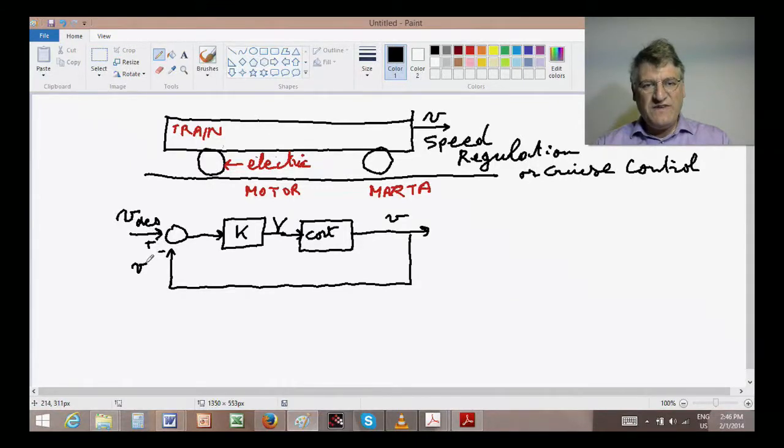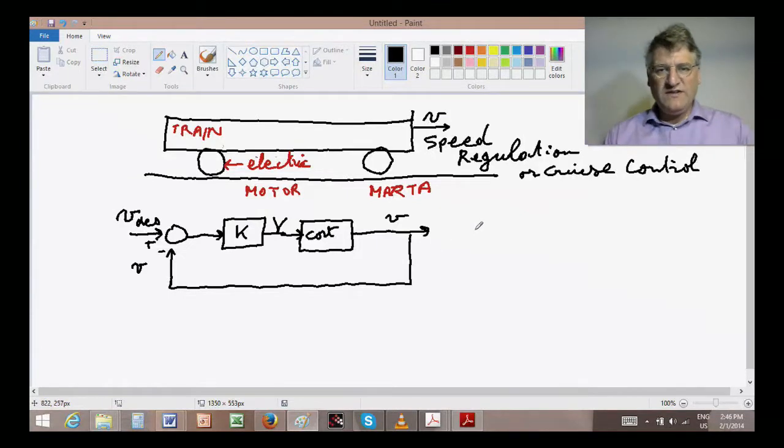If V is greater than V desired, then that signal becomes negative. The resulting voltage changes sign, and the cart can now slow down.